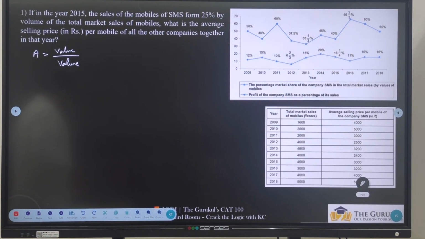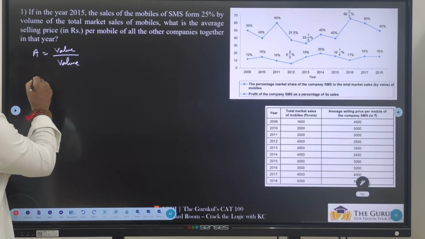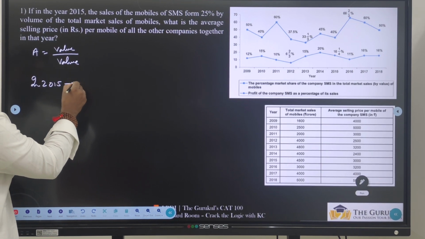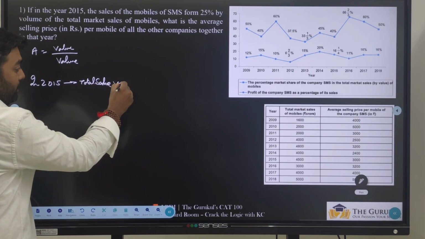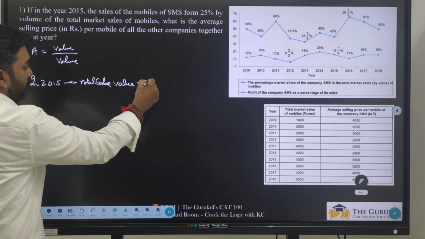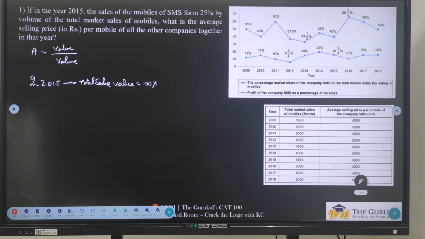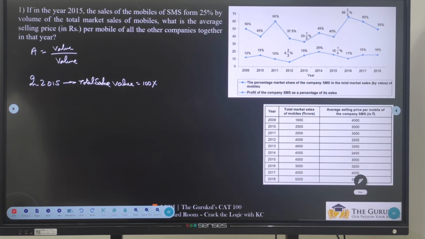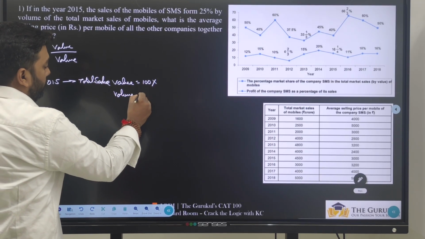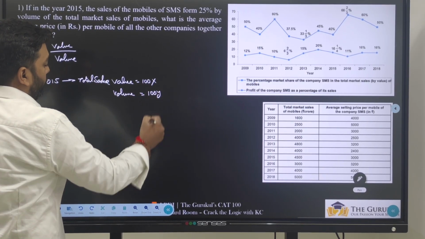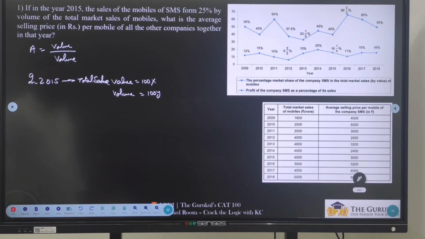Okay, now what is happening in 2015? Let the total sale value in 2015 be equal to 100x, because we don't know what the value is. In the same way, total sale volume is equal to 100y. That is the first part. And SMS company forms 25% volume.